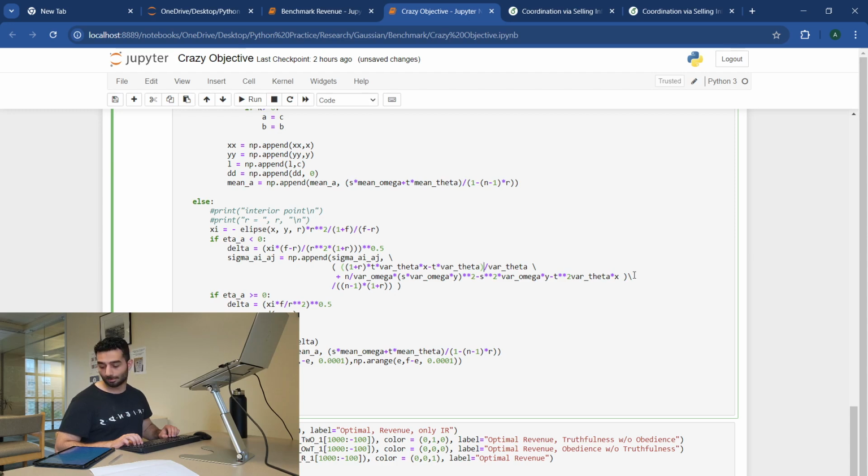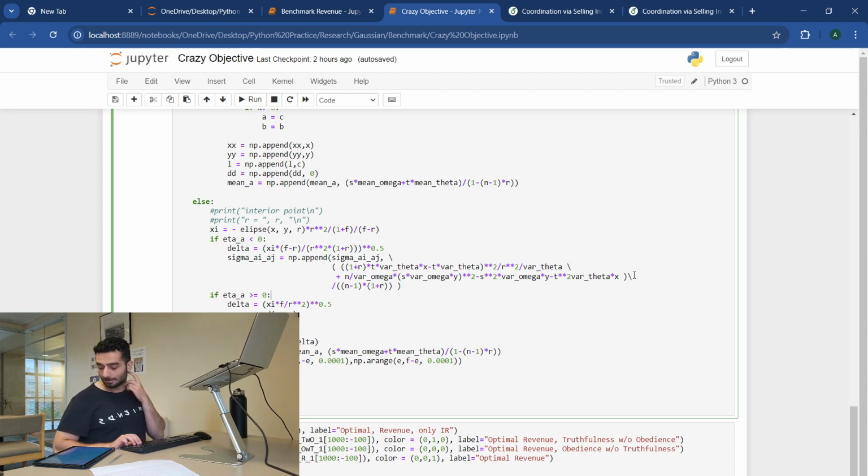This whole thing over r. So I say this is squared over r squared. This is squared over r squared over var theta plus n var omega over that done over n minus 1 plus r. This is it.